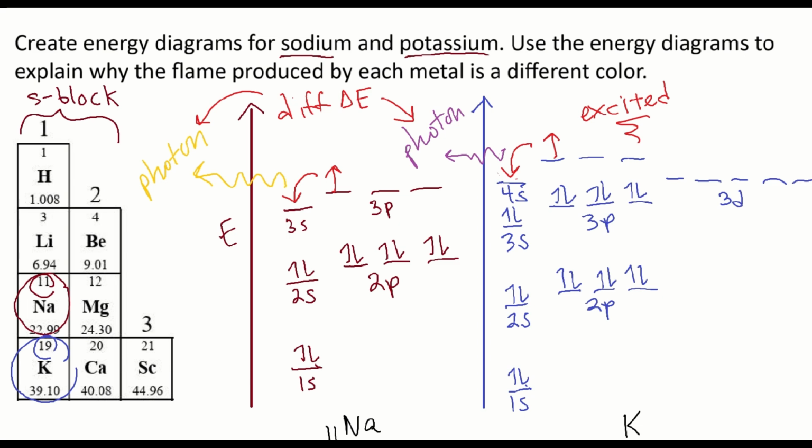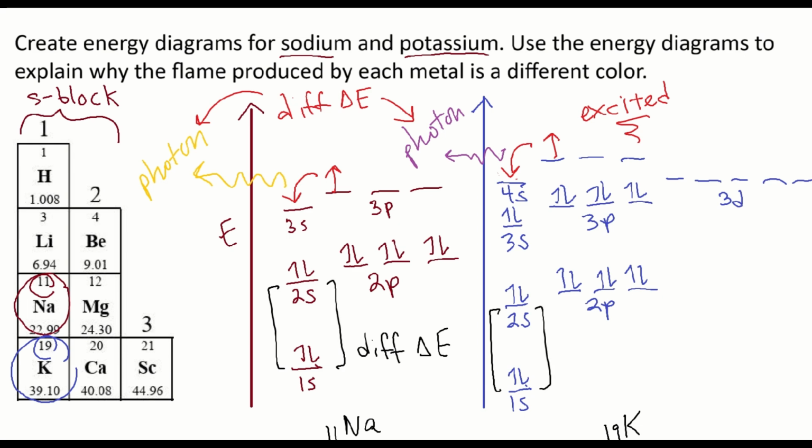Sodium has 11 protons in the nucleus, and potassium has 19 positive charges in the nucleus. So they both have different attractions between the nuclear charge and the negative electrons, which make the occupied energies of the electrons of each element different from one another.